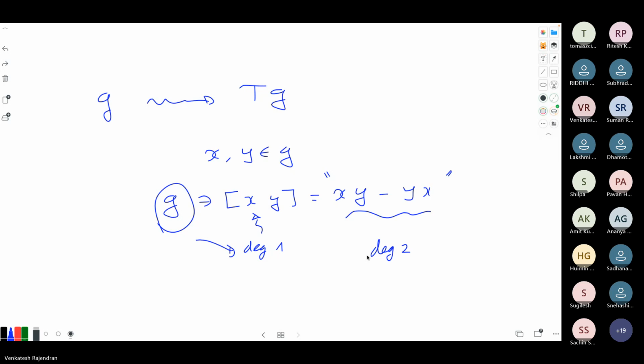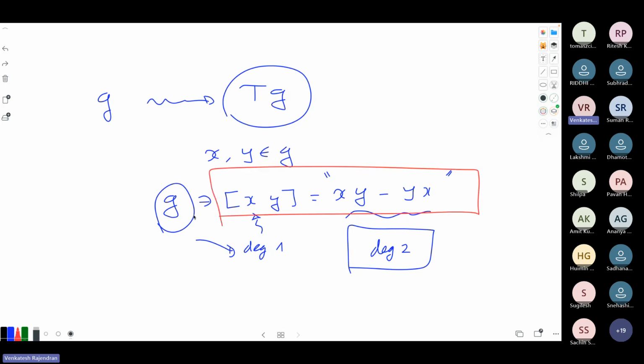Somehow, if you are working inside TG, you can see that this xy minus yx is inside only degree 2, which will never reach degree 1. How can I actually rectify this? The best way of rectifying, and this is the demand that we are going to make, because whenever it acts on a representation you are expecting this to happen: the composition xy minus yx should be coming from the image of the bracket [x,y].